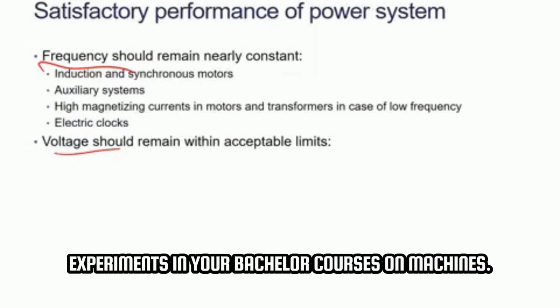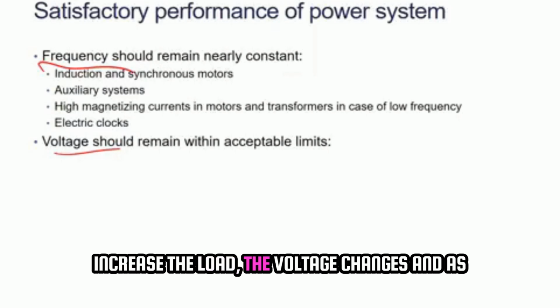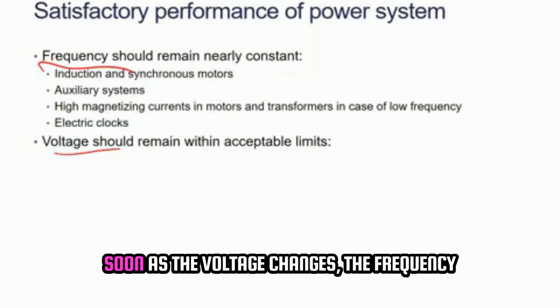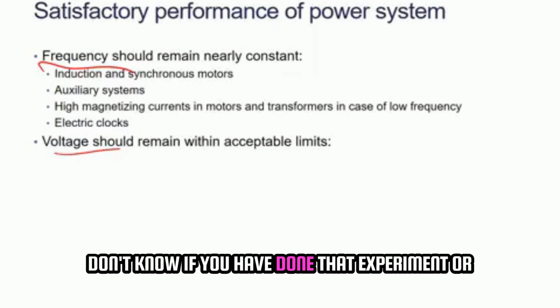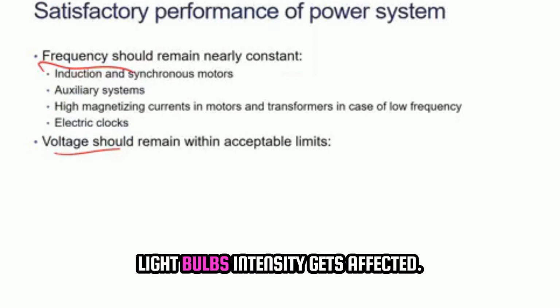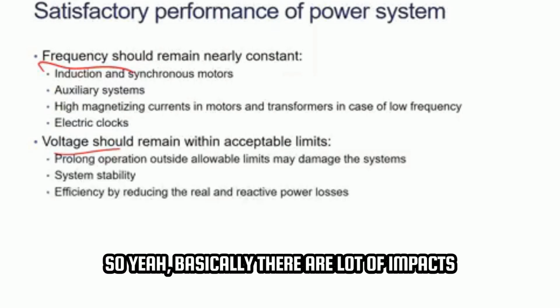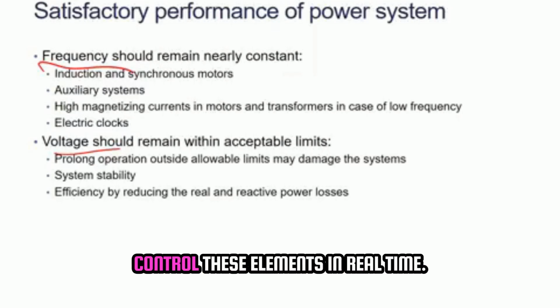You must have observed that gradually, as you increase the load, the voltage changes, and as soon as the voltage changes, the frequency changes. There is also a light bulb type of load we create, and those light bulbs' intensity gets affected. So there are a lot of impacts which these two elements create.